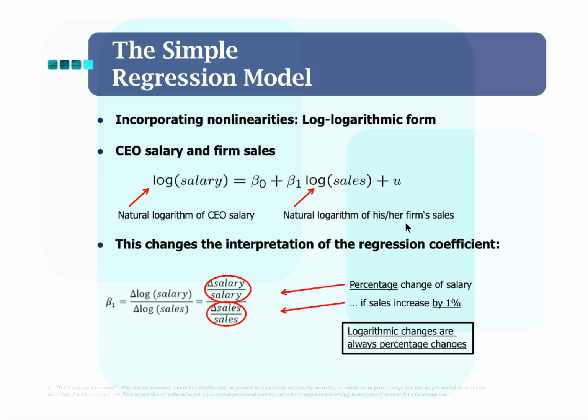And the interpretation of this beta 1 is the percentage change of the salary. This percentage comes from this log of salary, okay? Percentage change of salary if the sales increase by 1%, okay? Not 1 unit, but 1%. This 1% results from the logarithm transformation of sales. Okay?